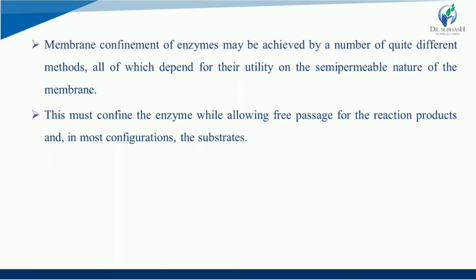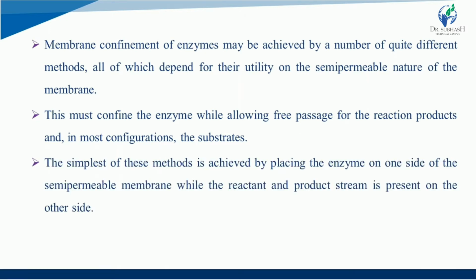Now the simplest of these methods is achieved by placing the enzyme on one side of the semi-permeable membrane while the reactant and product stream is present on the other side. So there will be a partition and in the middle there will be a semi-permeable membrane.